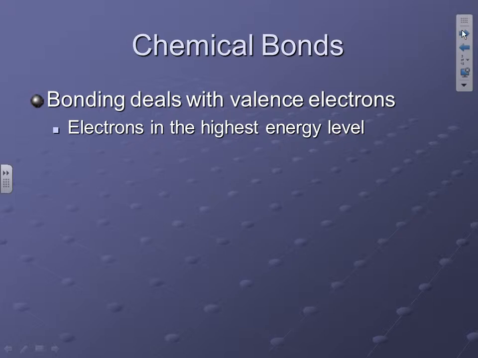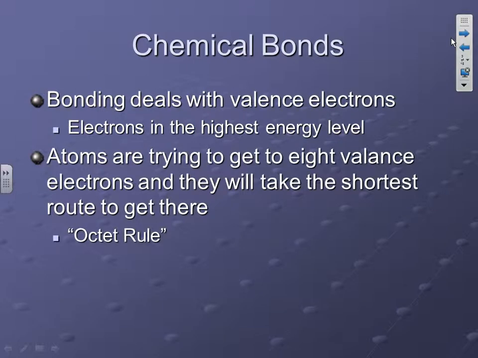We talked about that 8 valence electrons is a low energy state. And we call that idea the octet rule. All right, all of that is exactly the same as when we talked about it in ionic bonding.